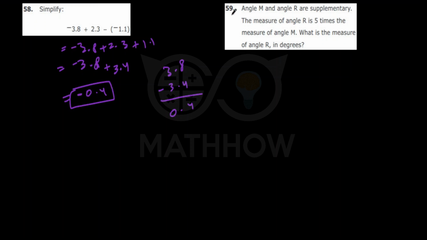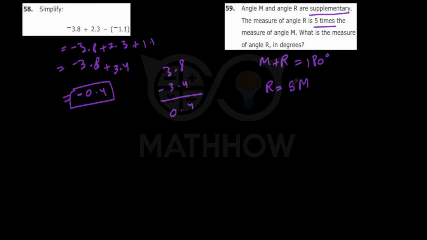Question number 59. Angle M and angle R are supplementary, meaning the sum of angle M and R is equal to 180 degrees. The measure of angle R is 5 times the measure of angle M. What is the measure of angle R?